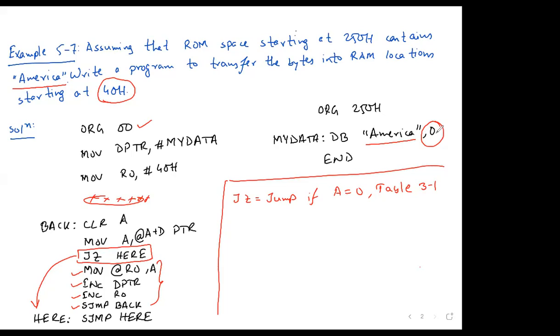The SJMP here, what is the function of this line? It means stay in this loop indefinitely. You'll see most of the codes that we write in microcontrollers are designed to stay in a specific loop forever until some external pulse is given or something like that. After you have transferred all the data, your processor will remain in this loop until you do something.